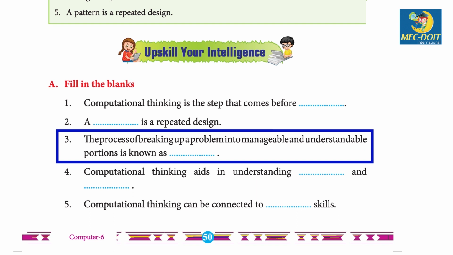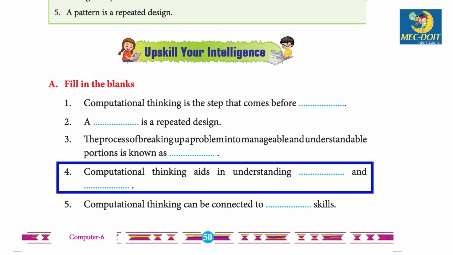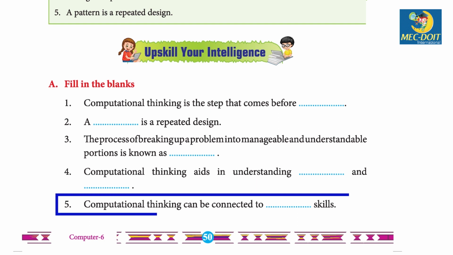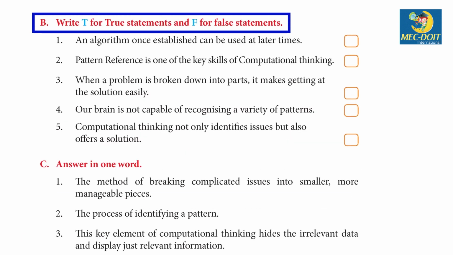Answer: computational thinking. 4. Computational thinking aids in understanding dash and dash. Answer: patterns and sequence. 5. Computational thinking can be connected to dash skill. Answer: reasoning.